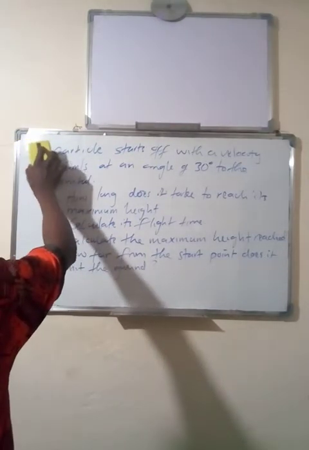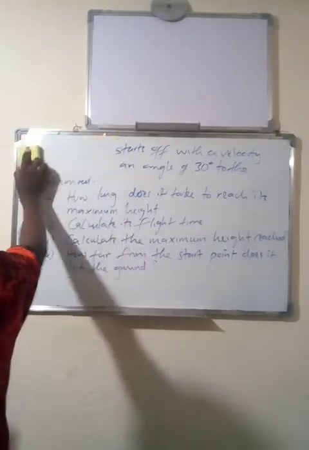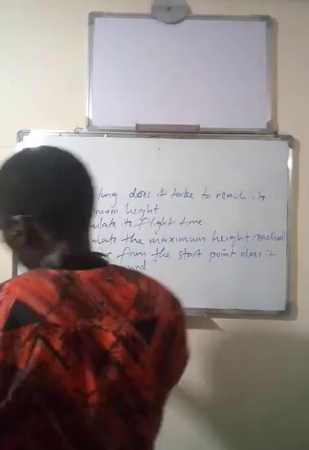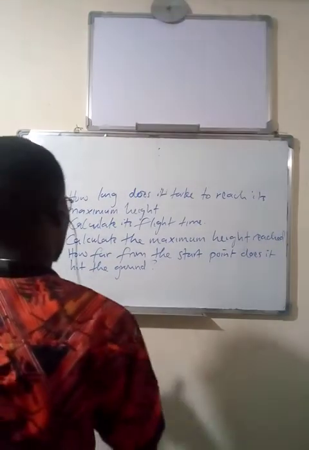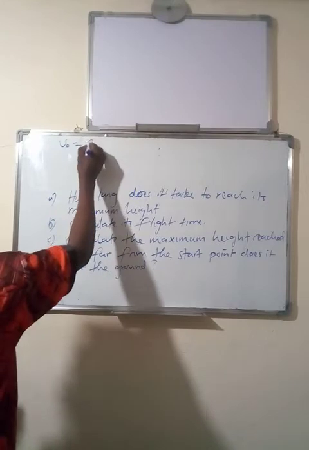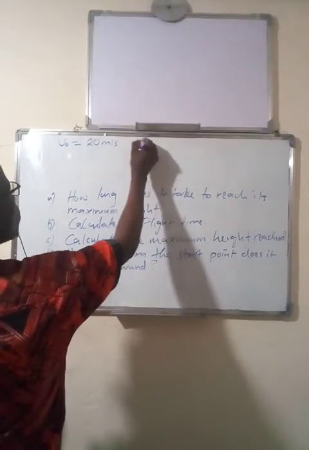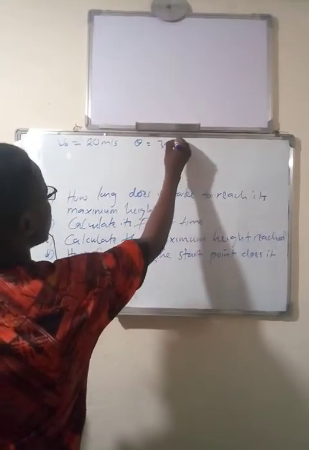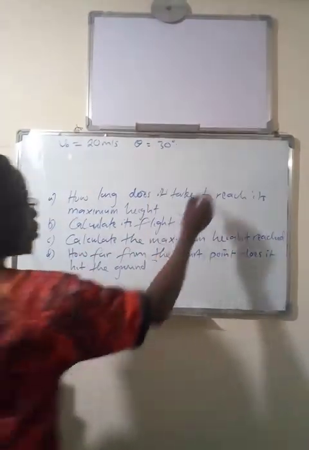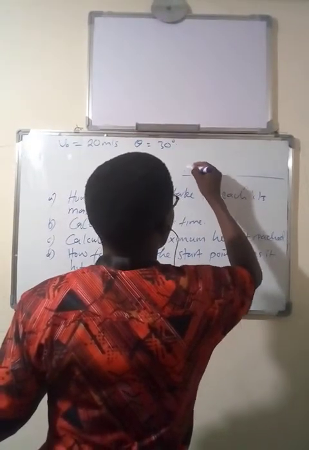So I'm going to erase this. We need to know that the initial velocity is equal to 20 meters per second and the angle is 30 degrees to the horizontal. So it's something like this, okay?